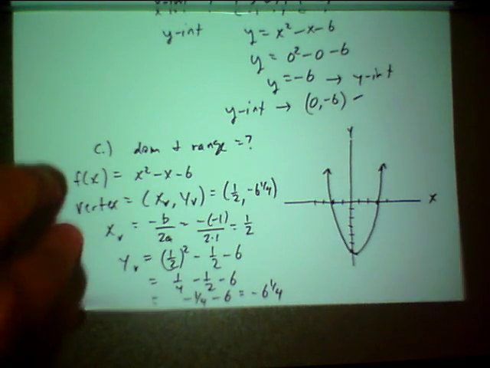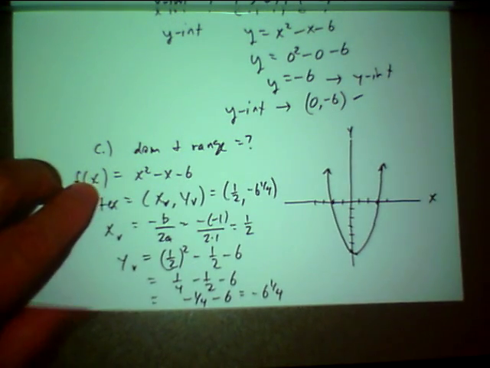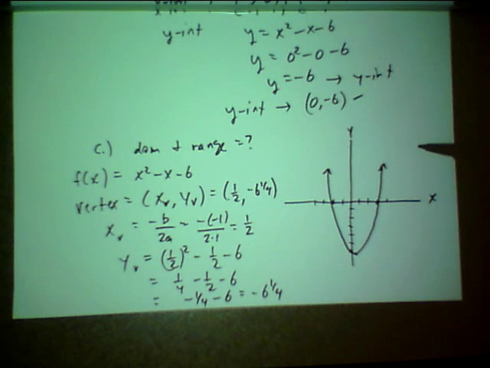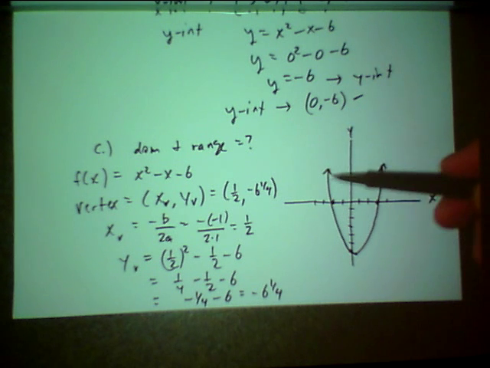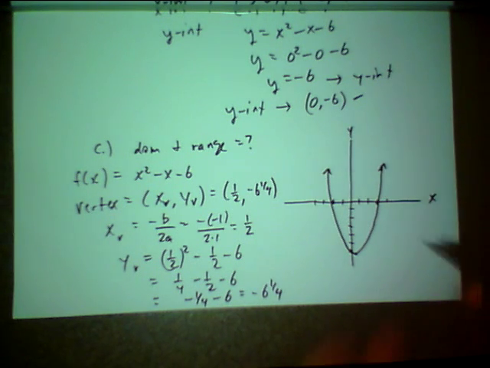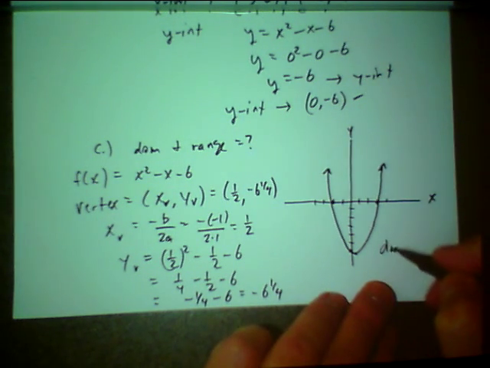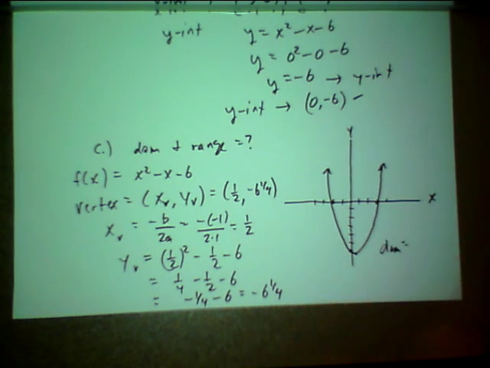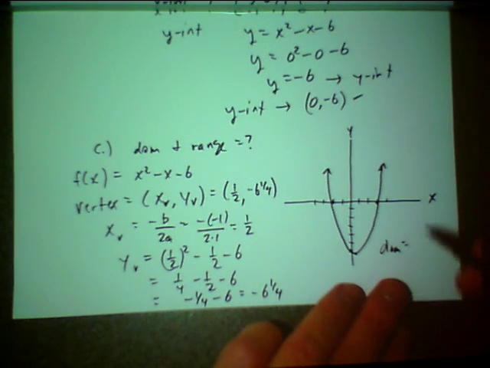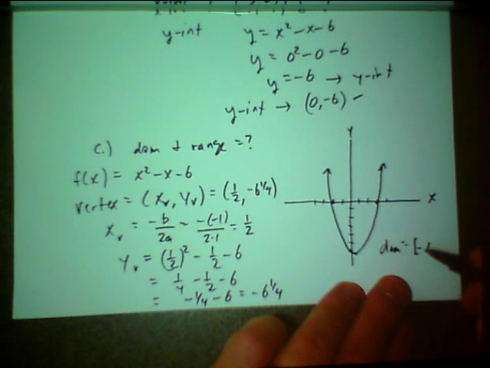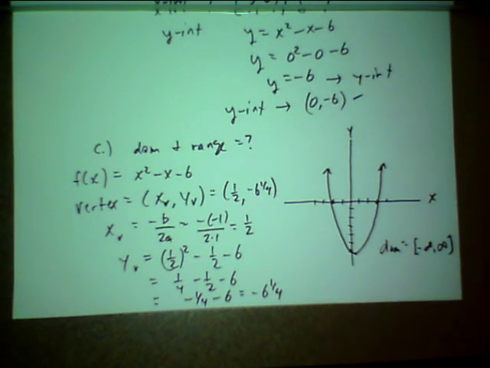So now, the domain and range, once you have a graph, is pretty straightforward. The domain is from my smallest value of x on my graph to my largest value of x. Well, since this parabola keeps spreading out, the smallest value of x is negative infinity, and this thing goes to positive infinity.